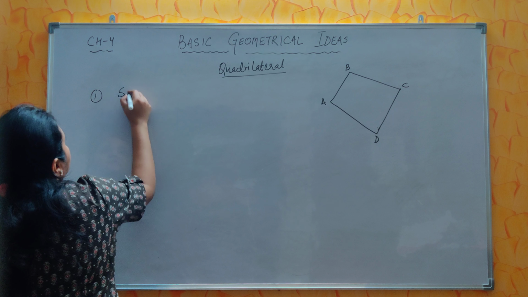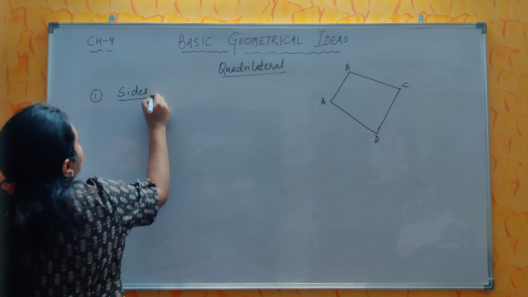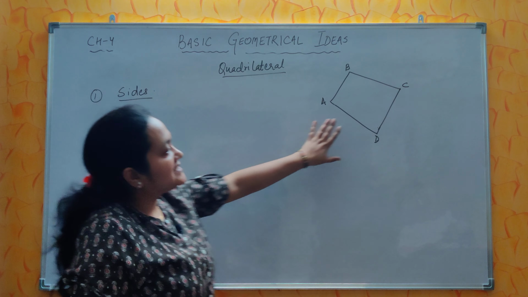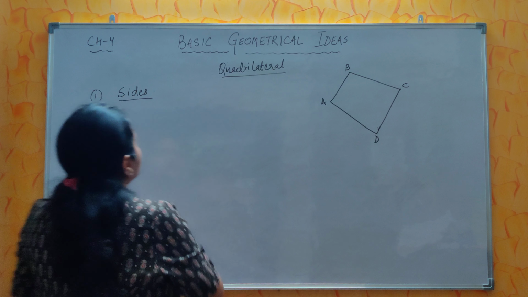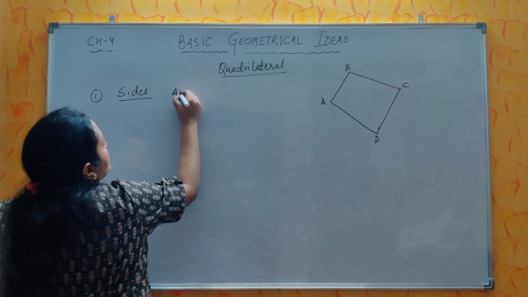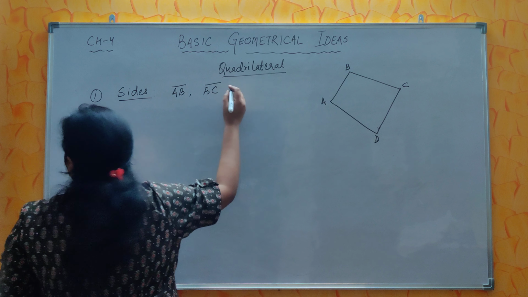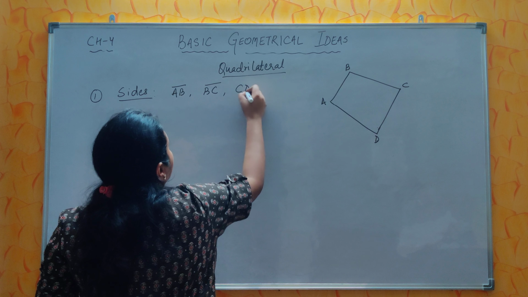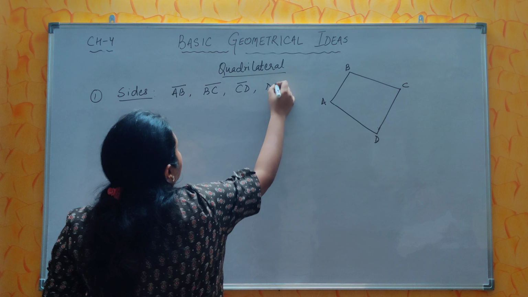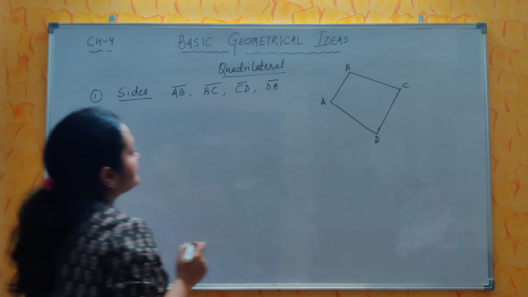So first, let's see what are the sides of the polygon. These are the 4 line segments. Okay, so what are the 4 sides? AB, BC, CD and DA.